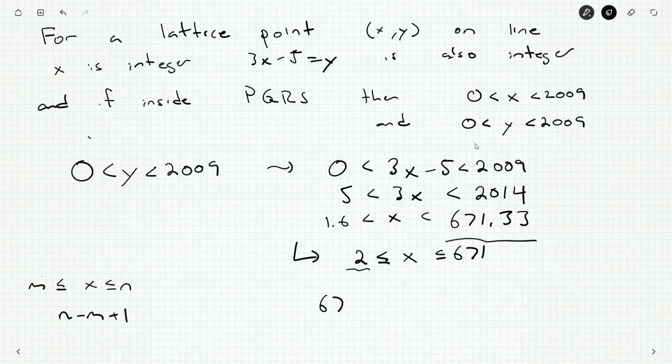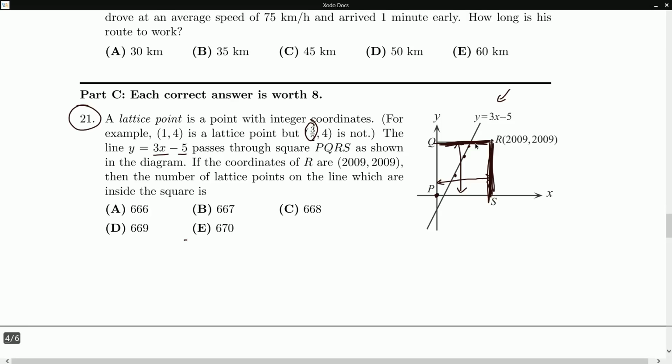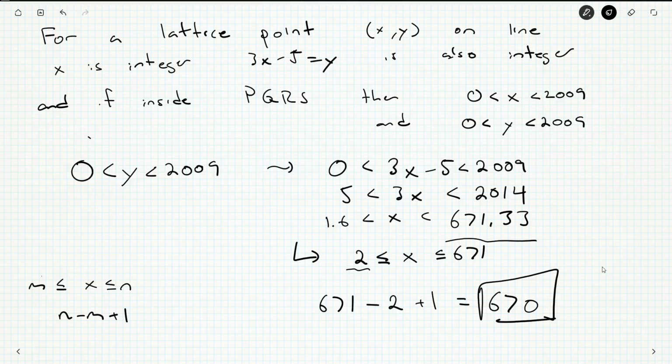So in this case, 671 minus 2 plus 1 is going to be 670. Those 670 numbers, 2, 3, 4, all the way up to 671. Is that one of the answers? It is. It's E, which is the biggest answer.